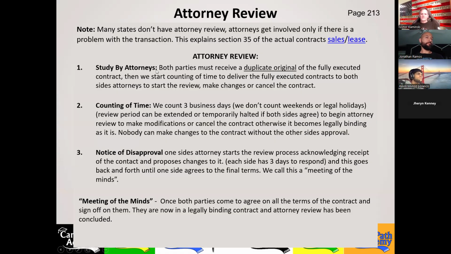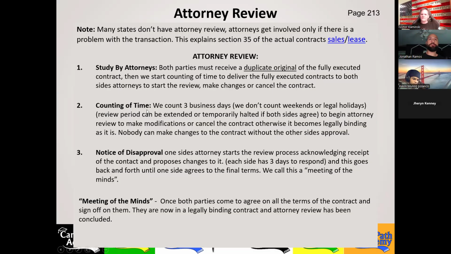Number 1 is a study by the attorneys. Both parties must receive a duplicate original of the fully executed contract. Then we start counting time to deliver the fully executed contract to both sides' attorneys to start the review, make changes, or cancel the contract. Now, this is not what it actually says here. This is an explanation of the attorney review clause in the contracts.